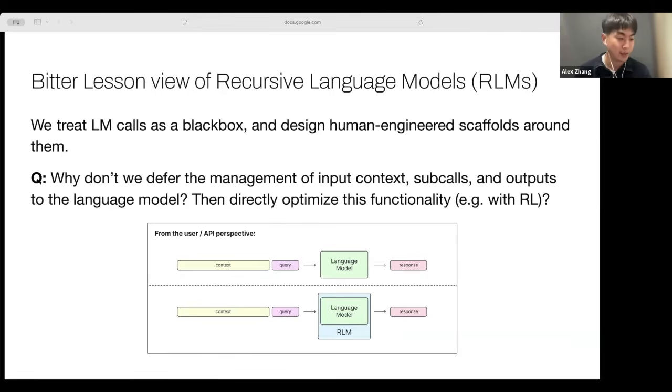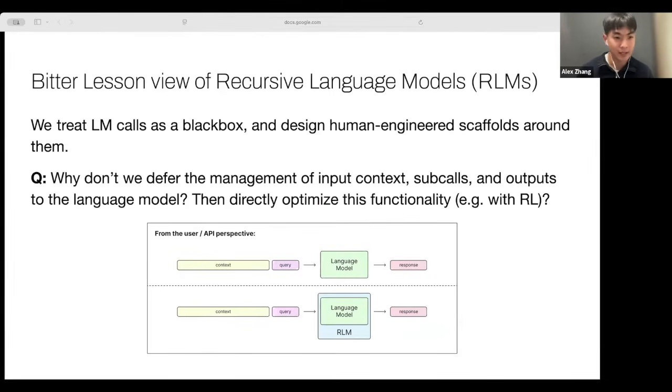With recursive language models, the idea is that we want to defer the management of context, calling submodels, dealing with tool calling and all this stuff to the language model itself. And in some sense, we can optimize for this functionality directly with something like RL or even SFT.